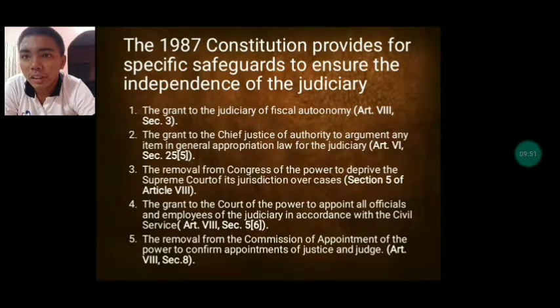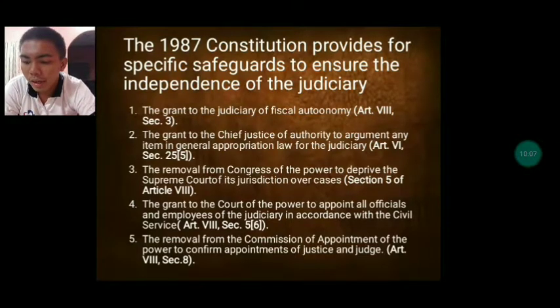First, the grant to the judiciary of fiscal autonomy means the appropriation of the judiciary may not be reduced below the amount appropriated the previous year.